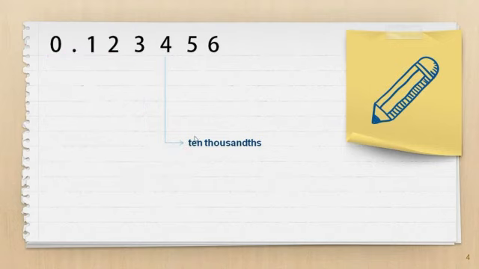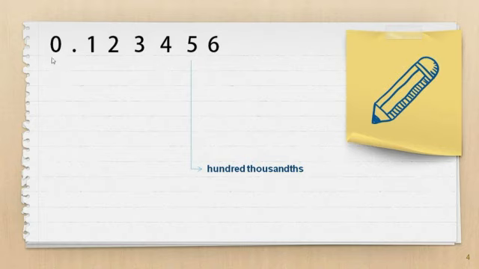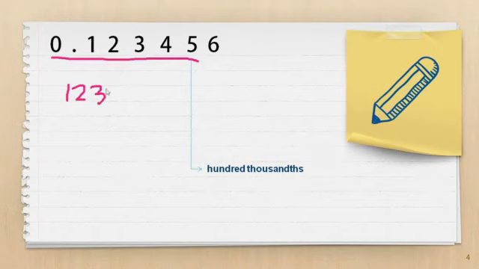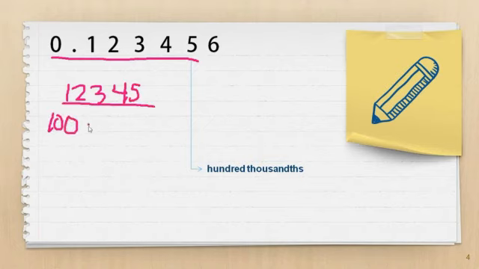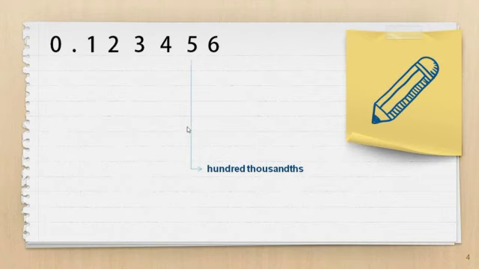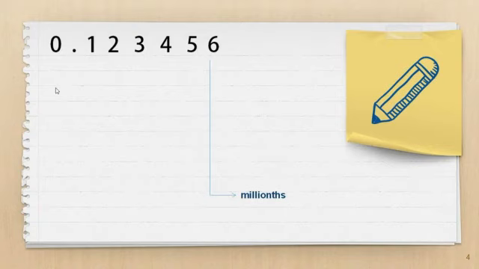Same with 5. This is the hundred thousandths, so we have 12,345 hundred thousandths. Written in fraction, that's 1, 2, 3, 4, 5 over 100 thousand. And then last, we have millionths.